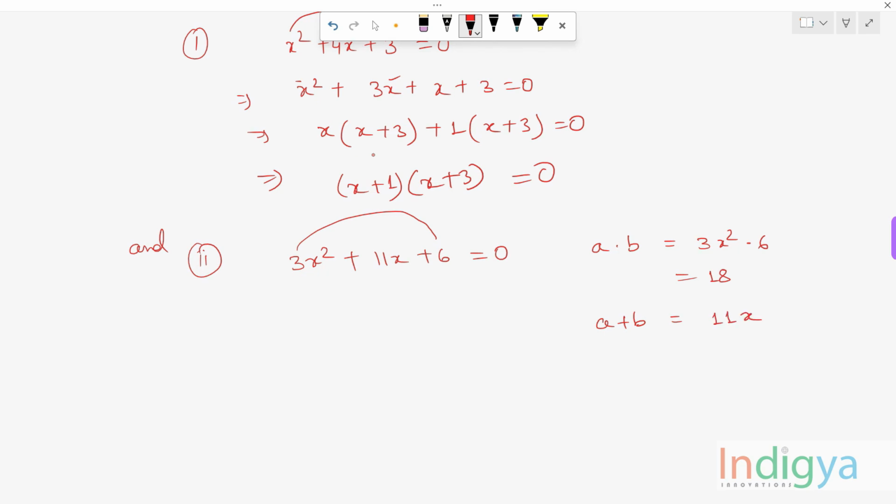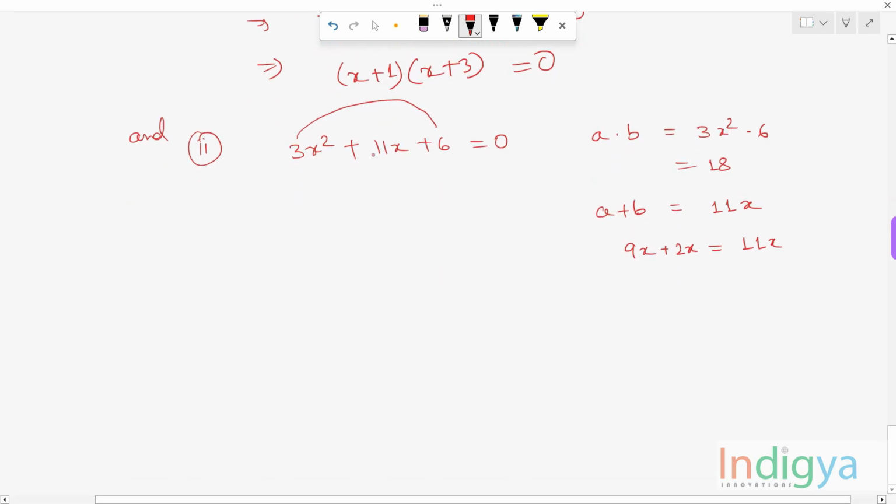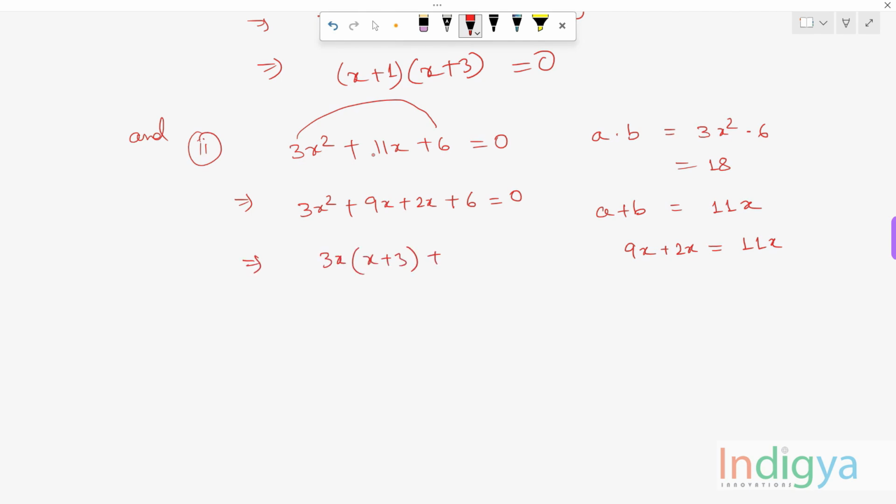A plus b must be equal to 11x. So 11x could be written as 9x plus 2x. In the further steps, we could write 3x square plus 9x plus 2x plus 6 is equal to 0. 3x times x plus 3 plus 2 times x plus 3 is equal to 0. So it could be written as 3x plus 2 times x plus 3 is equal to 0.